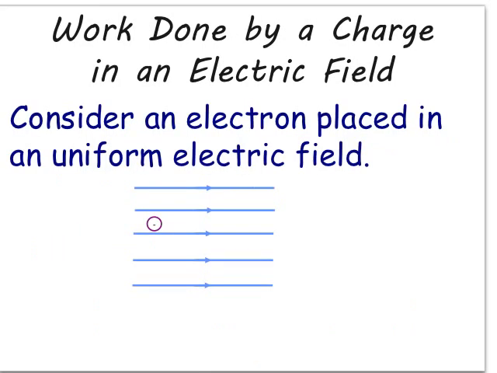Okay, we want to look at the work done by moving an electron in an electric field. So this electron here will quite happily move this way, because remember, the electric field shows the way a positive charge would go. If it was a positive charge, it would head along the direction of the arrows.